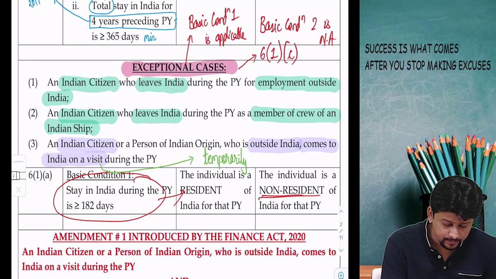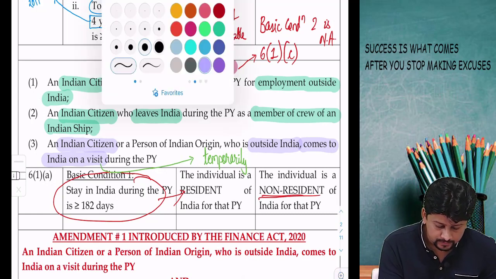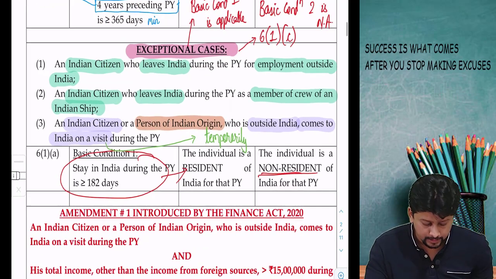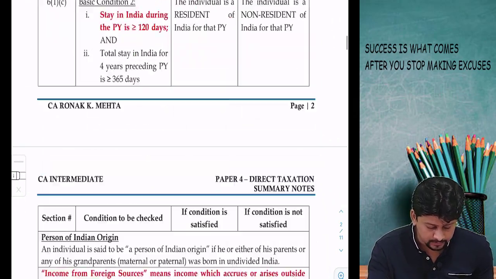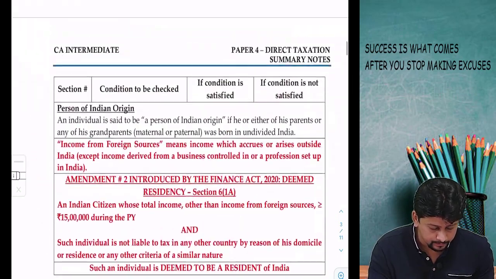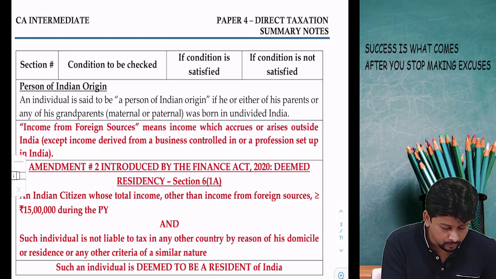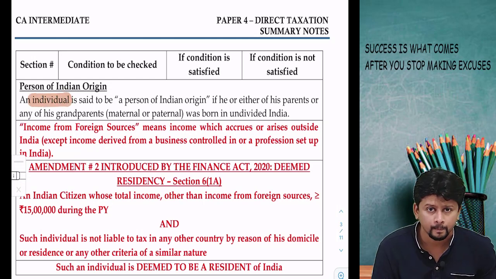Exception number 3 also covers somebody called a person of Indian origin. Now, who is a person of Indian origin? A person of Indian origin means we are talking about an individual.